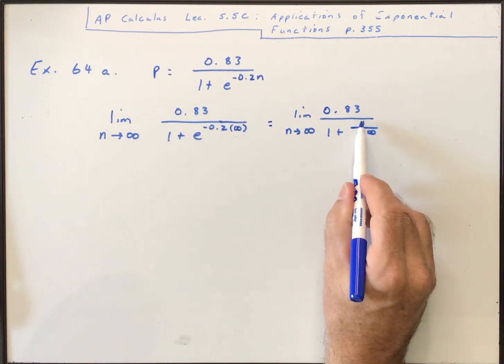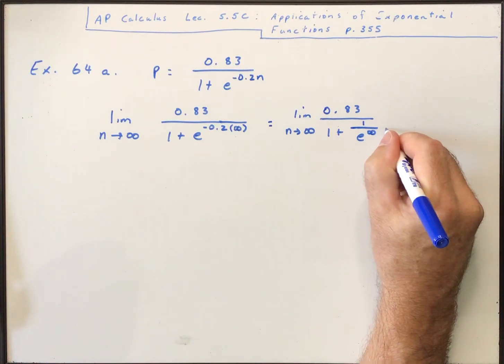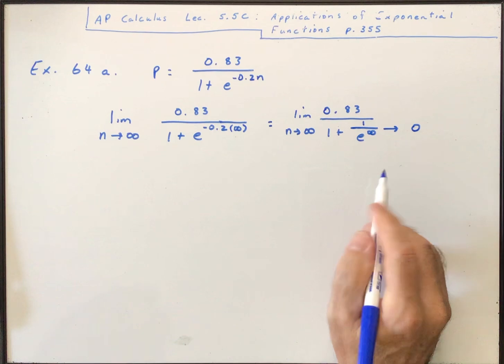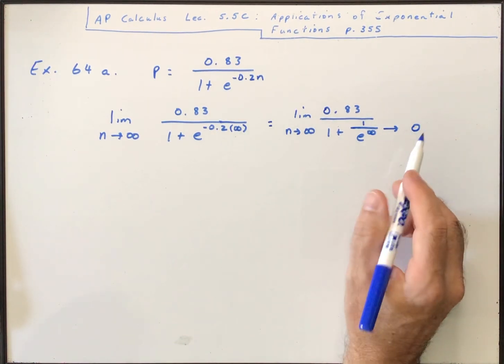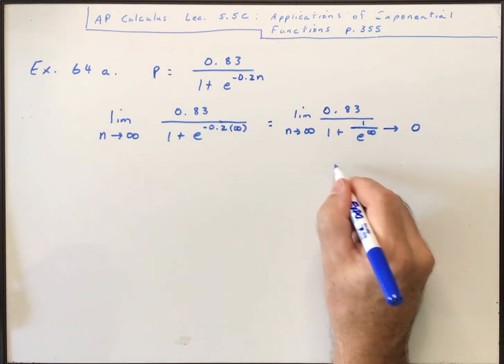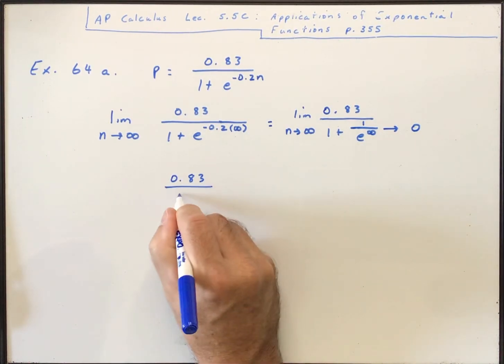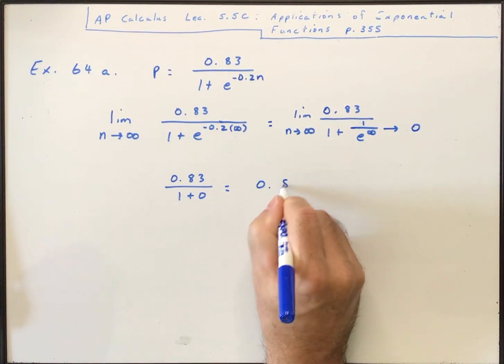And because it's negative, we make it 1 over that. So that 1 over e to the infinity goes to 0, right? 1 over an infinite number is just approaching 0. So the limit is going to be 0.83 over just 1 plus 0, which is 0.83.